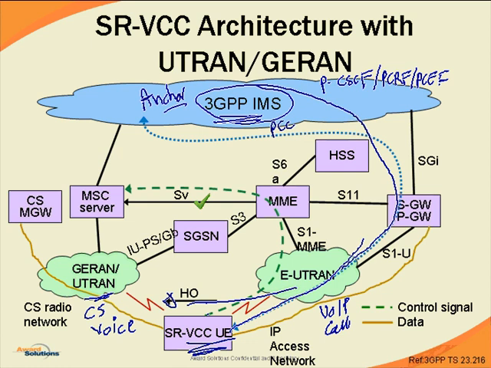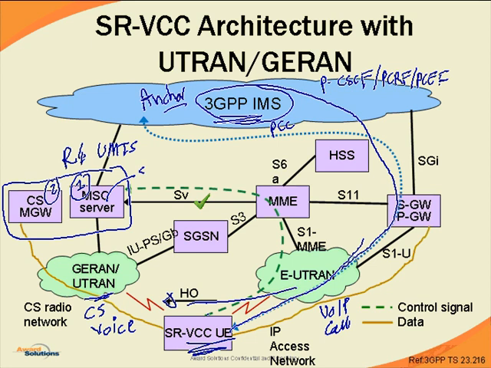Here we are showing release 4 architecture of UMTS. So it means that MSC has two parts, server and the gateway. Server is doing the signaling related to the call, and media gateway takes care of the real voice traffic.